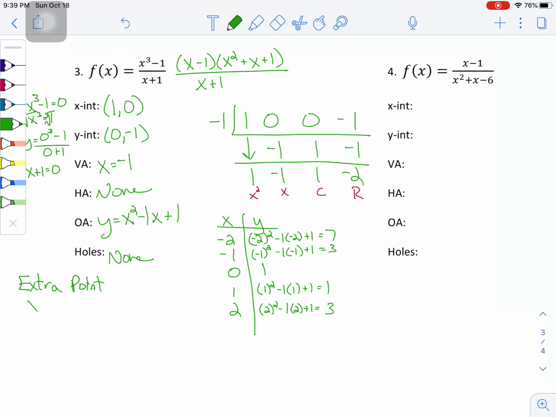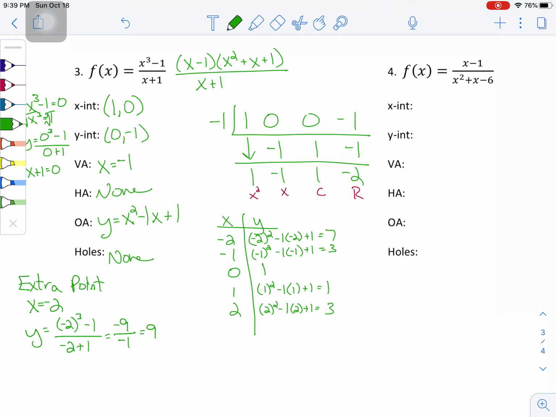All right, let's say x is equal to -2. All right, that gives us a y value of (-2 cubed minus 1) over (-2 plus 1). Okay. -2 cubed is -8. -8 minus 1 would be -9. -2 plus 1 is -1.